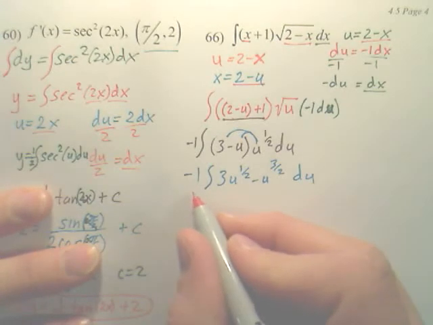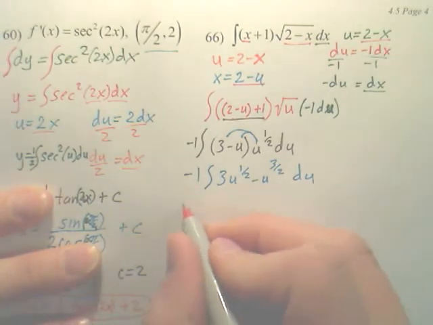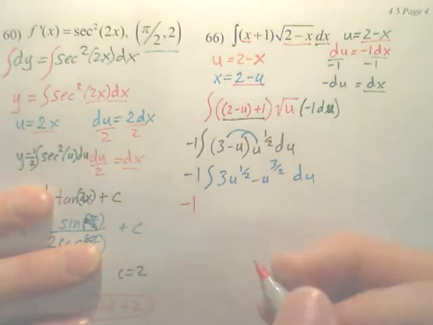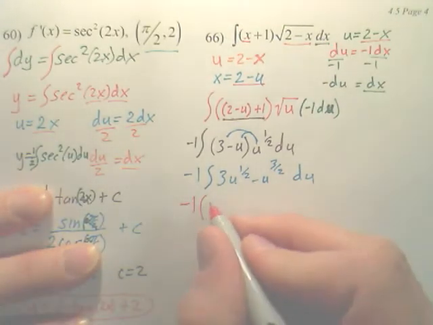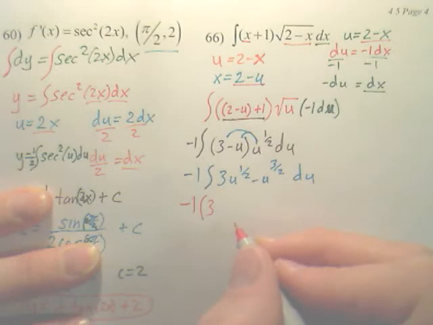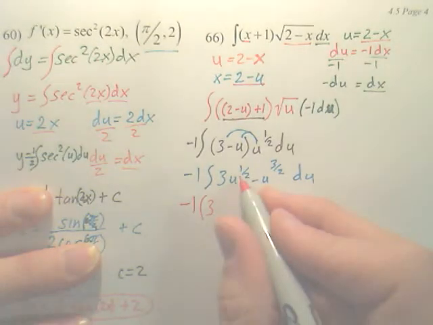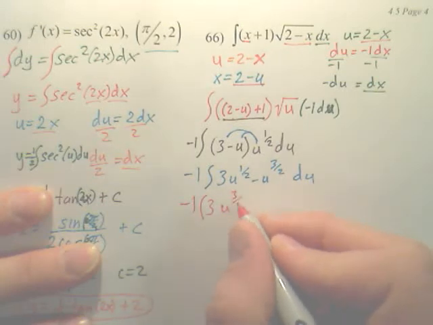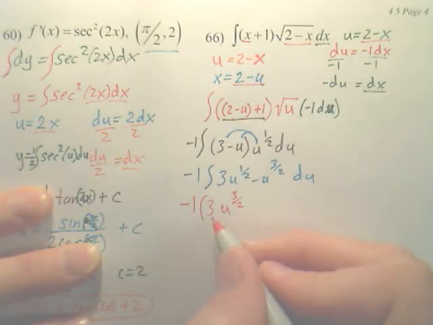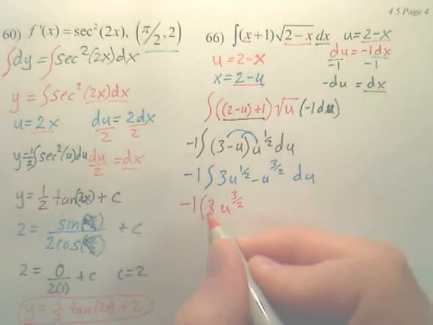Okay. So now we integrate this, so it's simply going to be negative 1, and that's in front. And this is going to be 3, and this, when you integrate it, becomes 3 over 2, u to the 3/2. And not, oh, the 3 disappears. Do you understand there's going to be a 2 there?